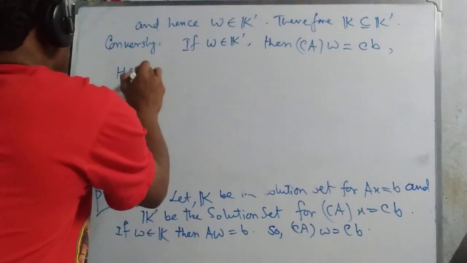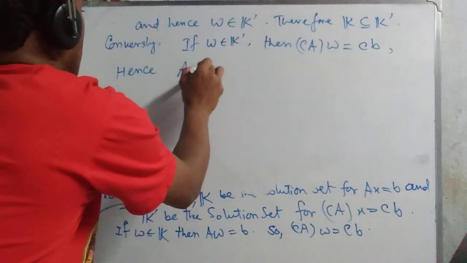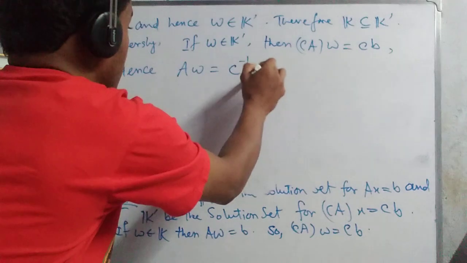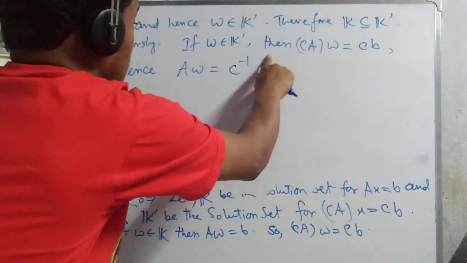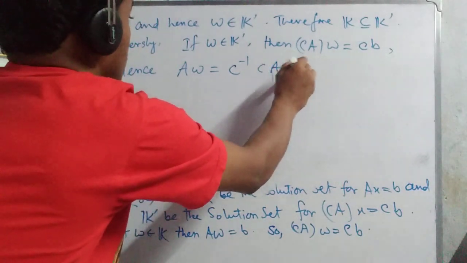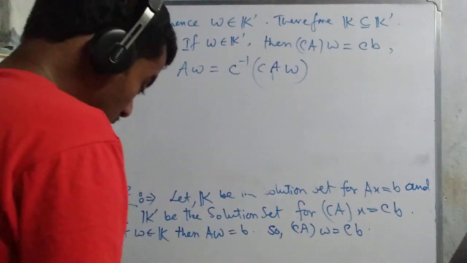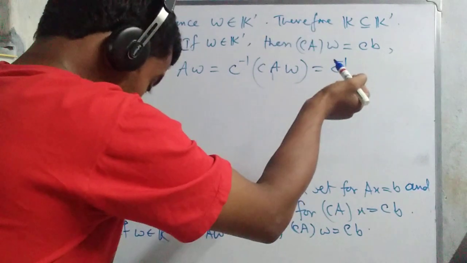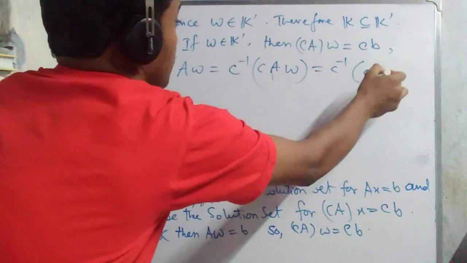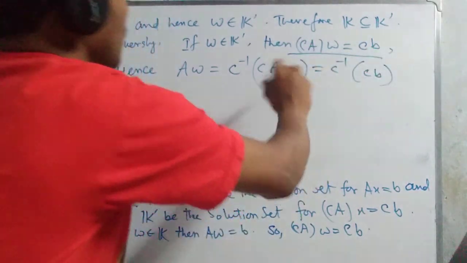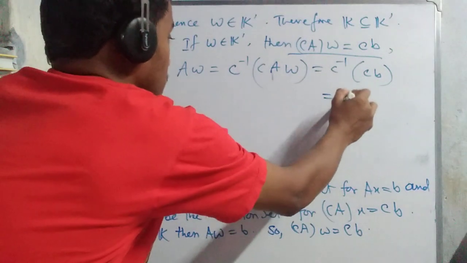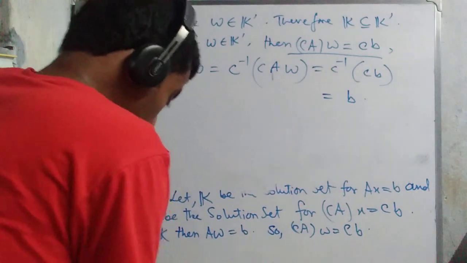Hence AW equal to C inverse of CAW, which equals C inverse of CB, which equals B. Understood?